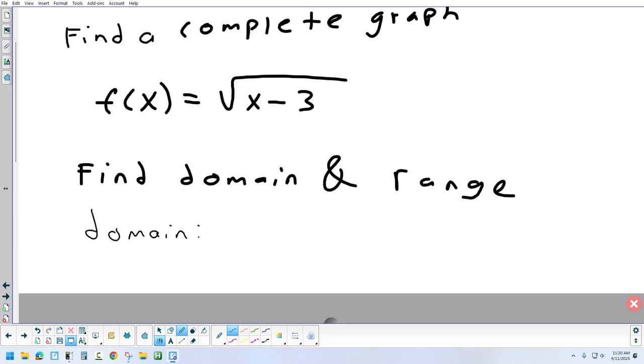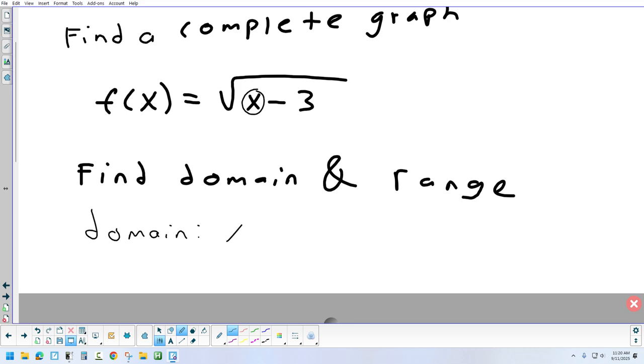Does this function have anything in it that I said you need to be careful about when you're finding domain? Yeah? Square root. So for the domain, you've got to think about what numbers you would be allowed to plug in for x. Yeah, Julia?